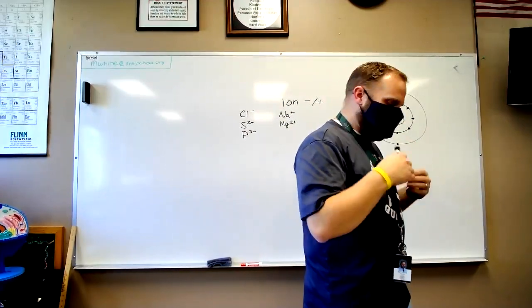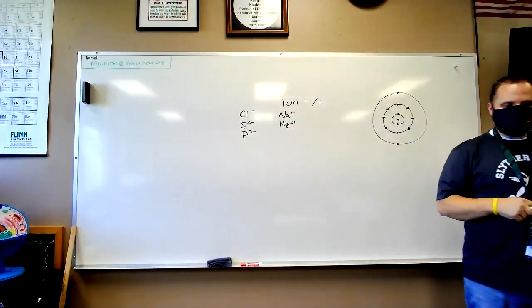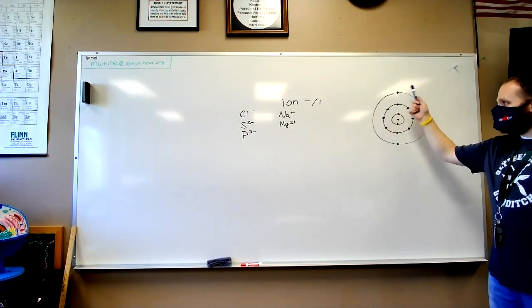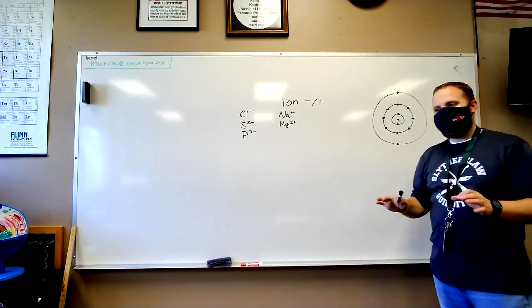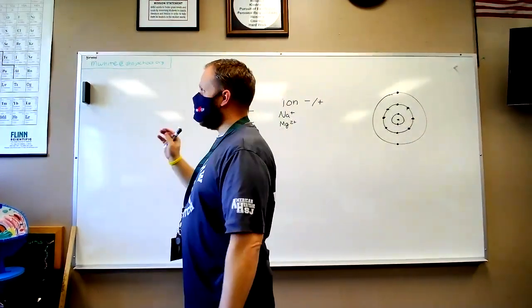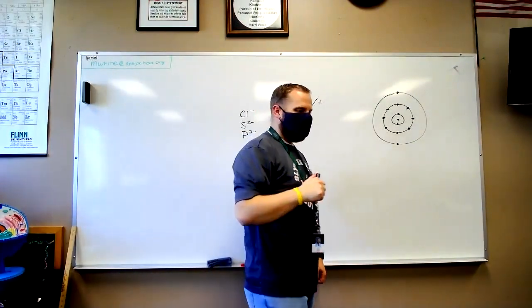They don't need to interact in order to become more stable. So basically, what we're doing, we're taking something with its existing electron configuration and changing it so that the electron configuration matches the closest noble gas. Okay?